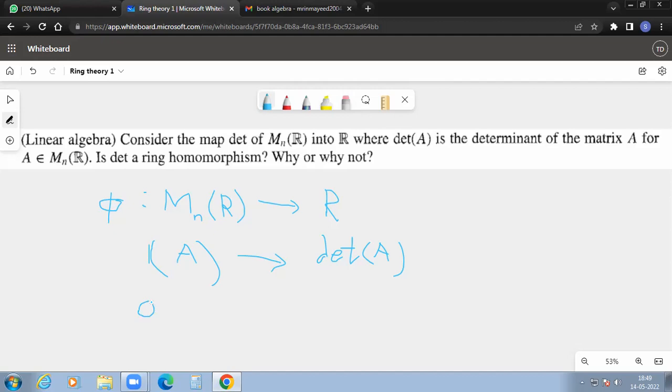Okay. So you have two matrices A and B and you are applying phi on A plus B. Means you are finding out determinant of sum of two matrices. Will it be equal to determinant of A plus determinant of B? Is determinant of the sum equal to sum of the determinants?